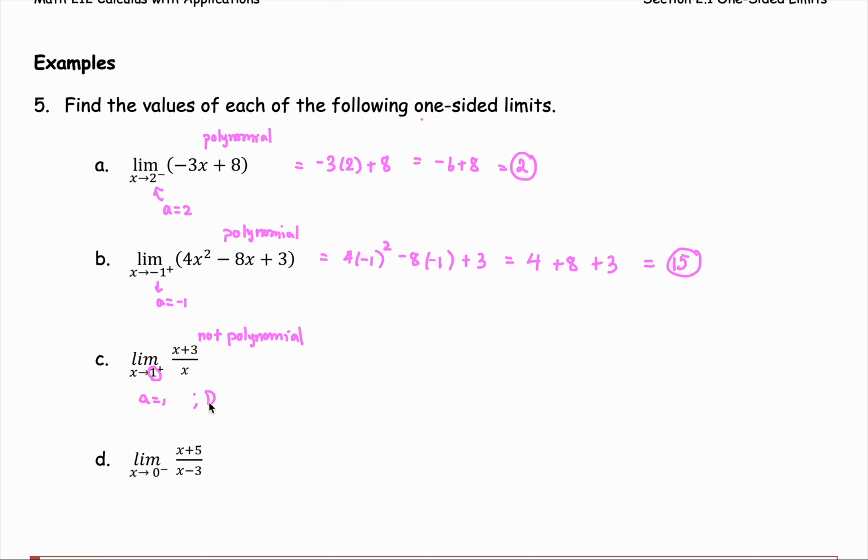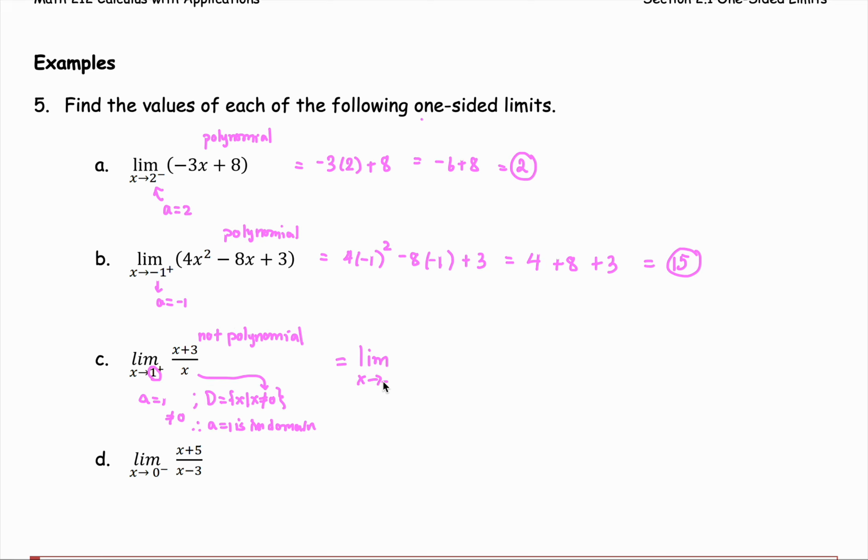The domain of this function is the set of all real numbers as long as x cannot be 0, because 0 is going to make it undefined. So a is 1, and 1 is not 0. Then a equals 1 is in the domain of this function.